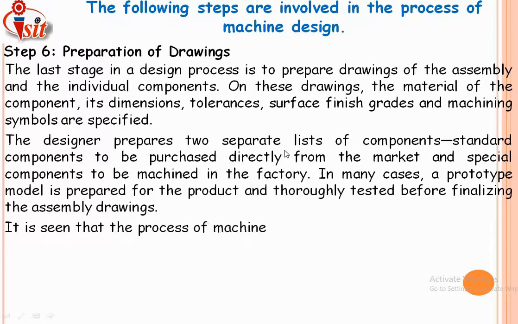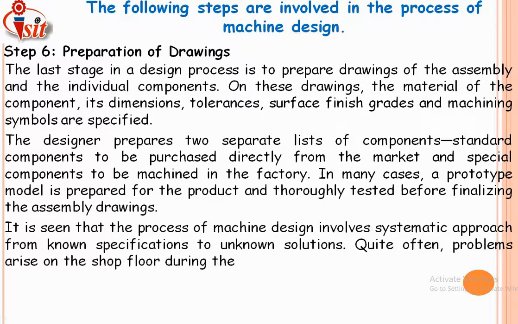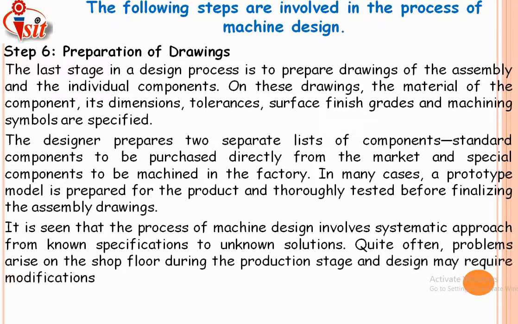Now, it is seen that the process of machine design involves a systematic approach from known specifications to unknown solutions. Quite often problems arise on the shop floor during the production stage, and the design may require modifications.